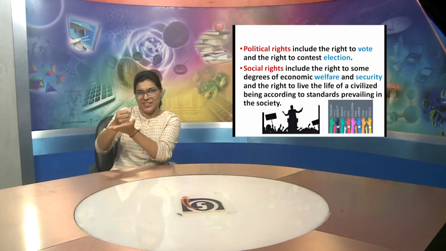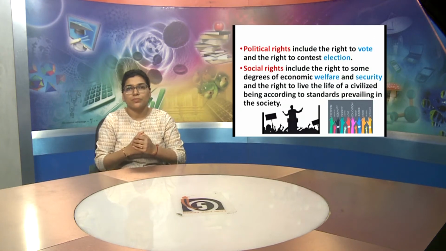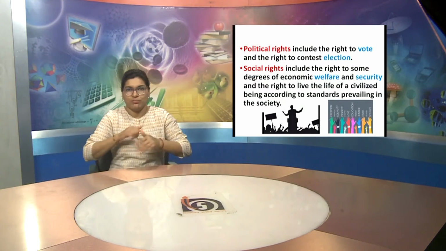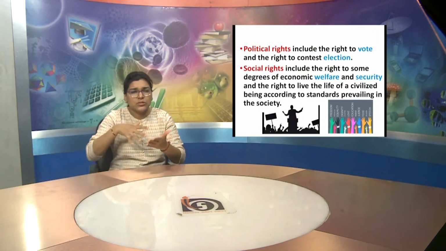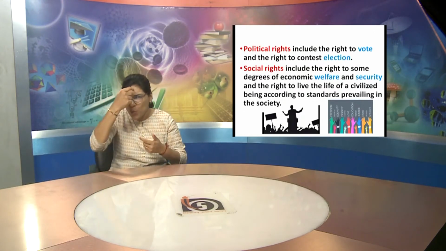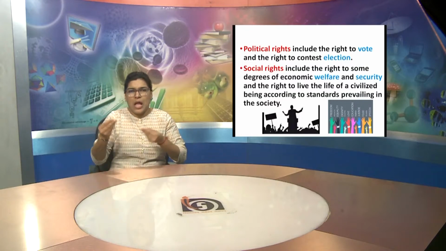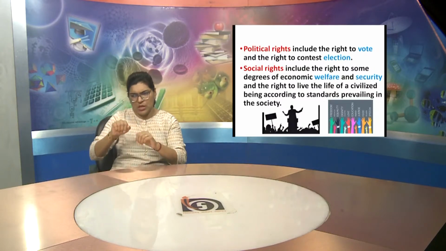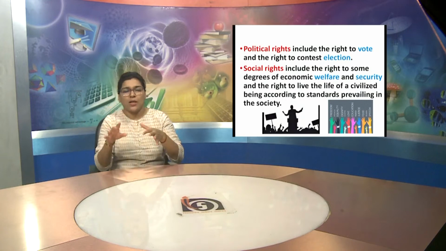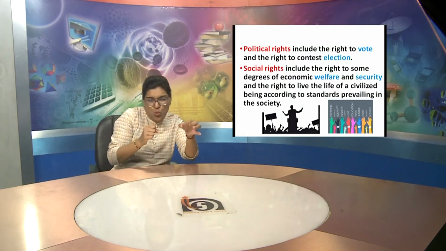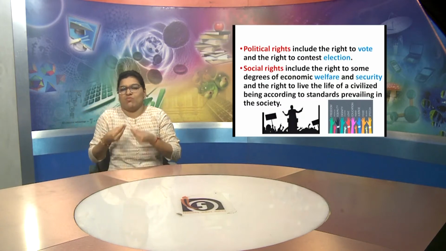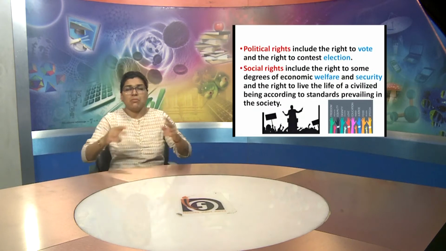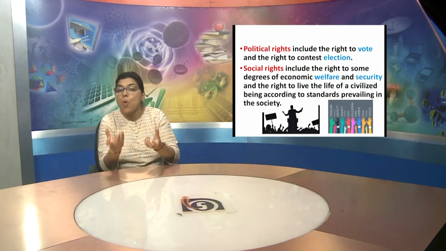Next, social right includes the right to some degree of economic welfare and security, and the right to live the life of a civilized being according to standards prevailing in the society.